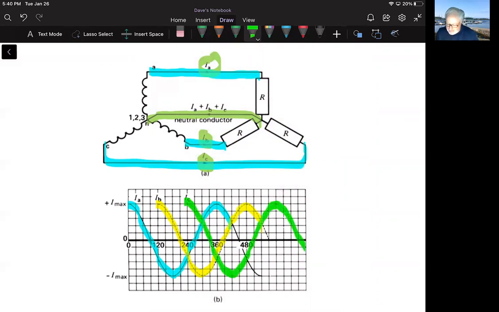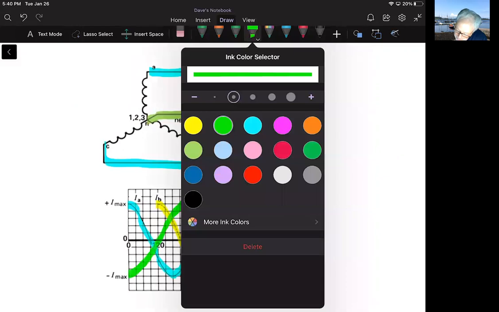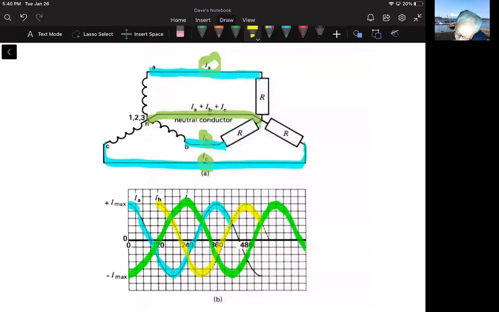I'll continue this to here, and I'll continue this to here. We know from earlier discussions that the voltages are 120 degrees out of phase.